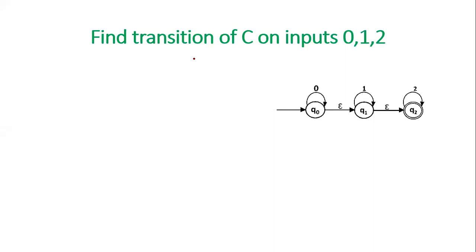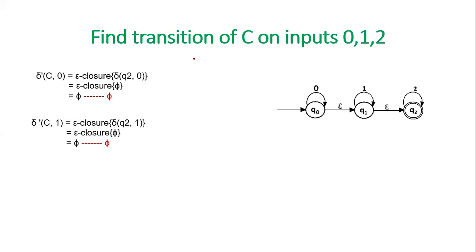Leela, Nityashree, have you done? Yes, ma'am. C comma 0 is null, C comma 1 is null, C comma 2 is Q2. Okay, fine. Same answer, ma'am. What about boys? Yes, ma'am. Same answer, ma'am. Okay. So the answer of C comma 0 is nothing but null, and C comma 1 is null, C comma 2 is Q2.